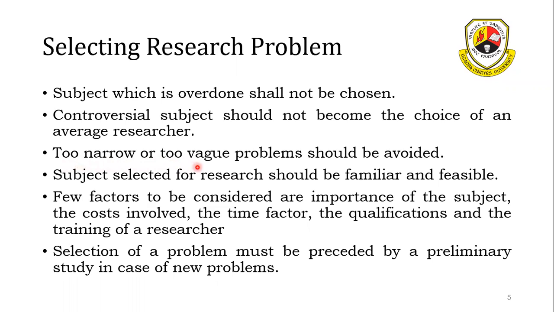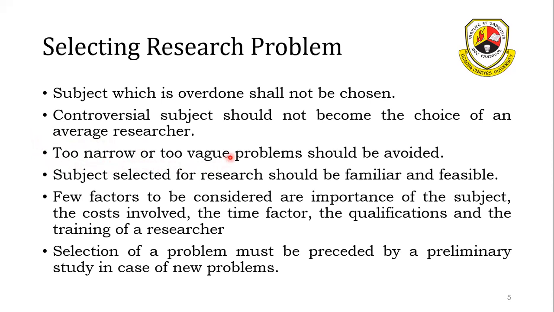Now, the other thing is to look at your research area. Here you must have a really good discussion with your supervisor. Your problem may be too narrow or too vague. If it's too narrow, then you'll hardly pick any data out of it. You'll hardly pick anything that is worth reporting.